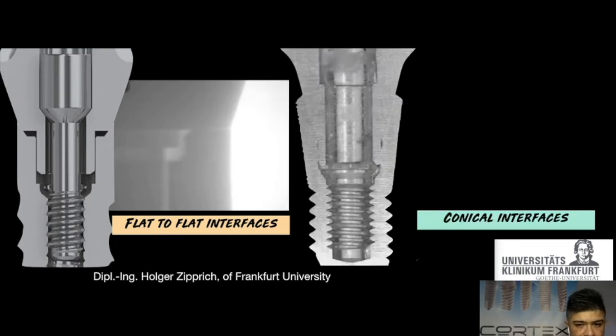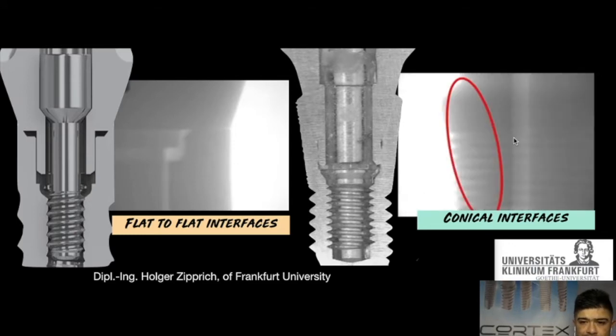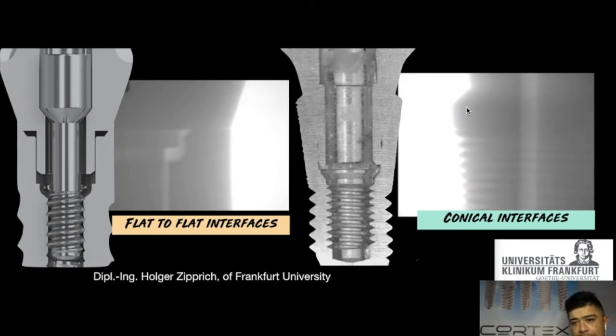Instead, in the group of conical connections, we have a more stable connection. With lateral forces, you have a minimum gap or in some situations no gap in the connection between the abutment and the implant. So they are better for many clinical situations.